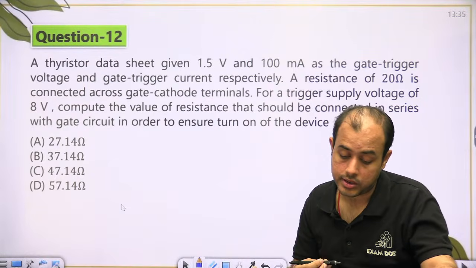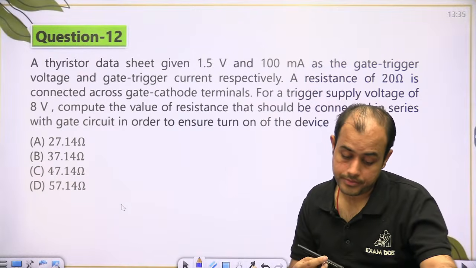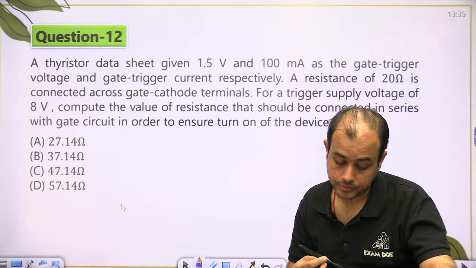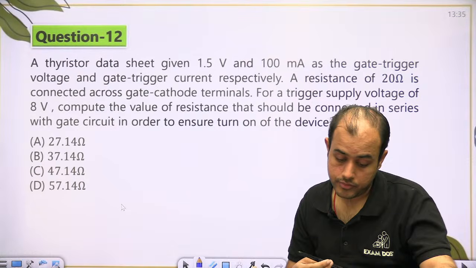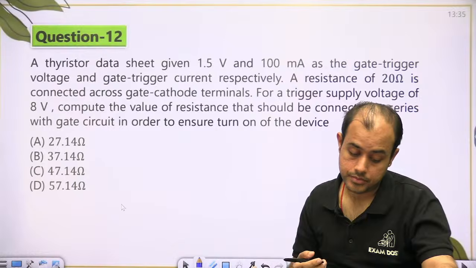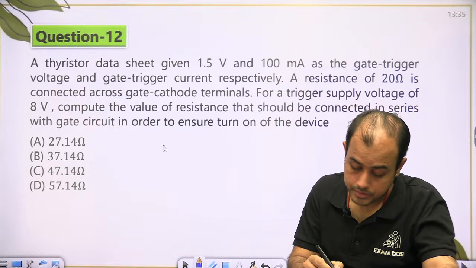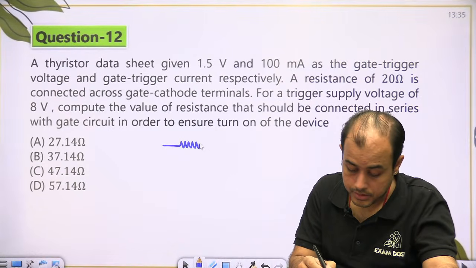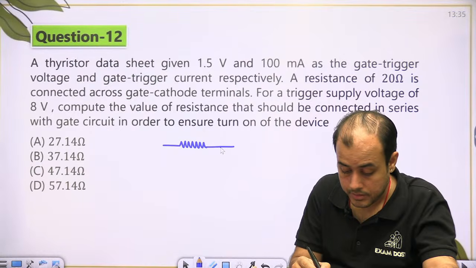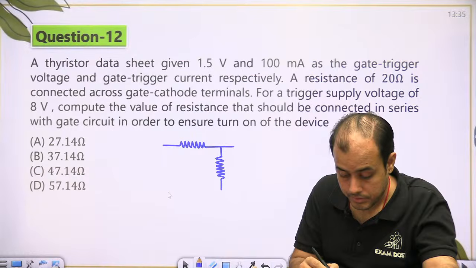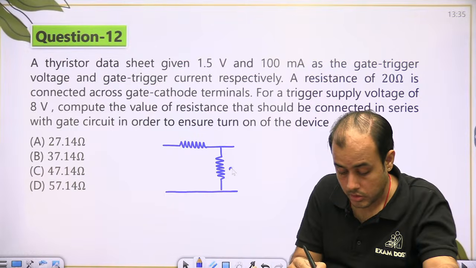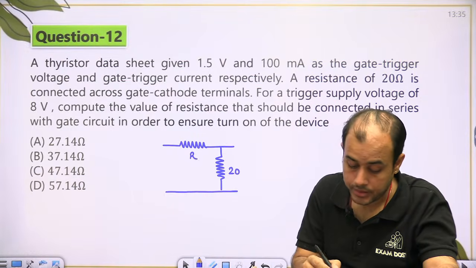Resistance is connected across the gate cathode terminal. You are connecting 20.